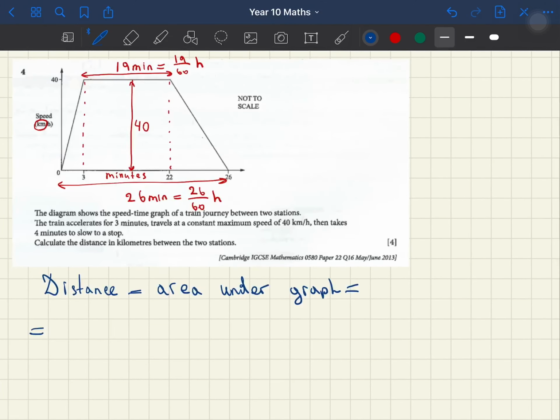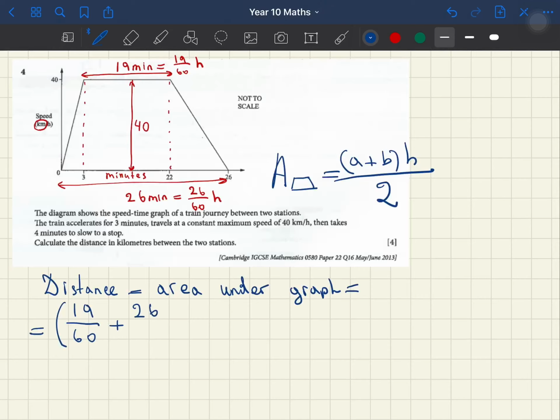And we know the formula for the area of a trapezoid is a plus b, where a and b are the two bases, times h divided by 2. So in this case, it's 19/60 plus 26/60, times 40 divided by 2.